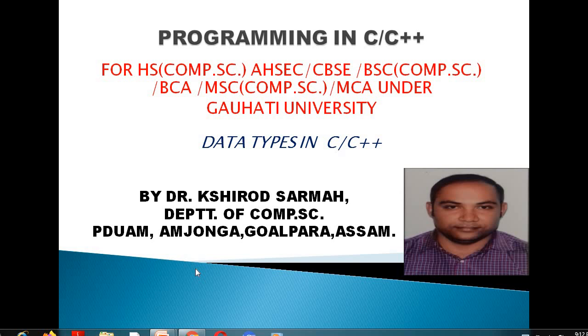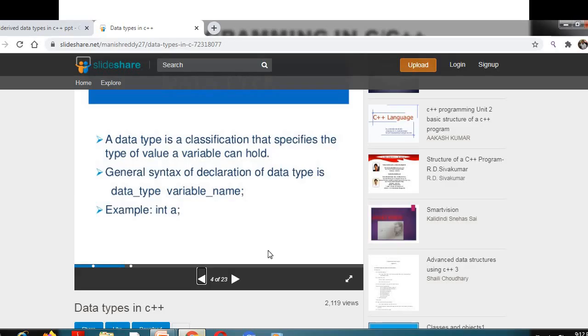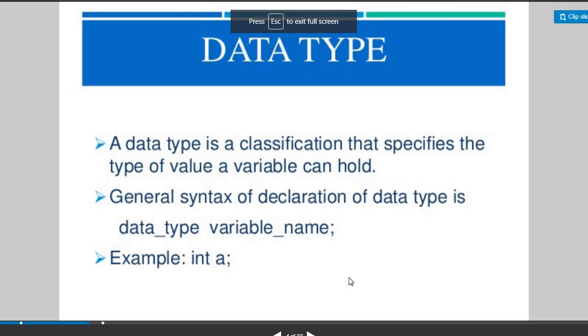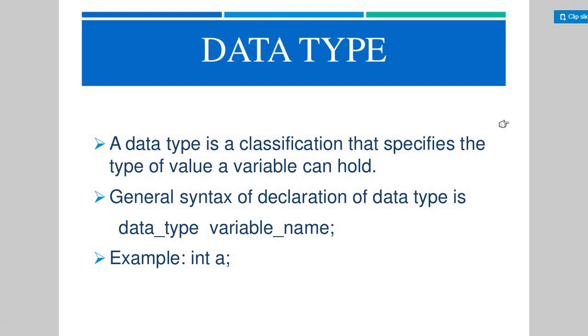It is an important concept because a data type means what type of data is going to be used in C and C++. For that purpose, we need some slides to help understand, but we must first discuss data types. So what is a data type?